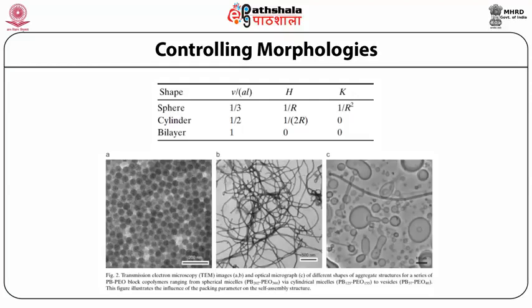In A, you can see they are forming very nice spherical micelles, and in B, you can form cylindrical micelles because the packing parameter increases because of the introduction of the blocks, and then you can also go to vesicles depending on the ratio of the hydrophobic and hydrophilic block.